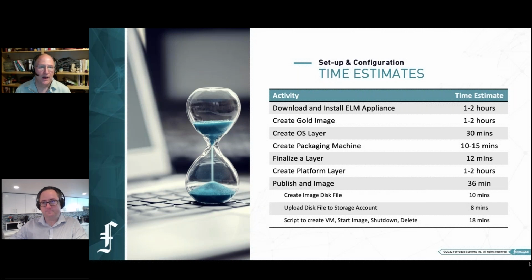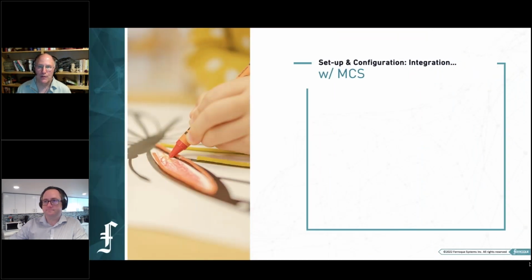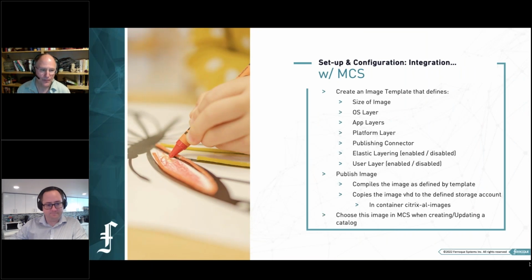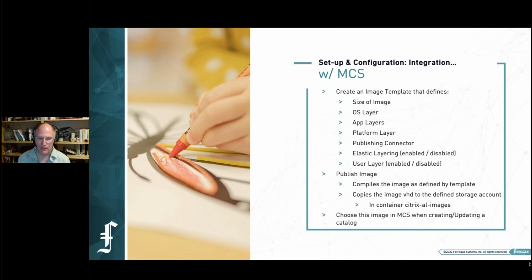Okay, we're gonna jump ahead to the next step. So as Jeremy talked about, you use that Azure connector for MCS to create the disk that you use to deploy images. And the way that works is within app layering, there's a section where you create what's called an image template.